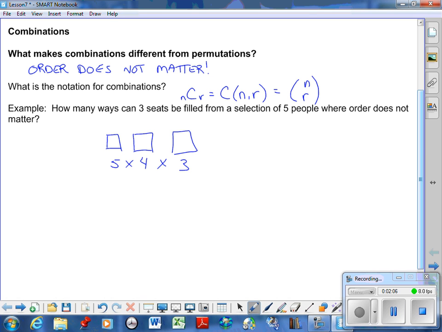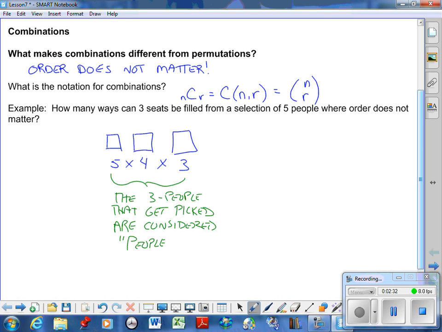The 3 people that get picked, though, are considered equal. All people are equal, and if that's the case, that means that they are also known as clones. So we have clones here.